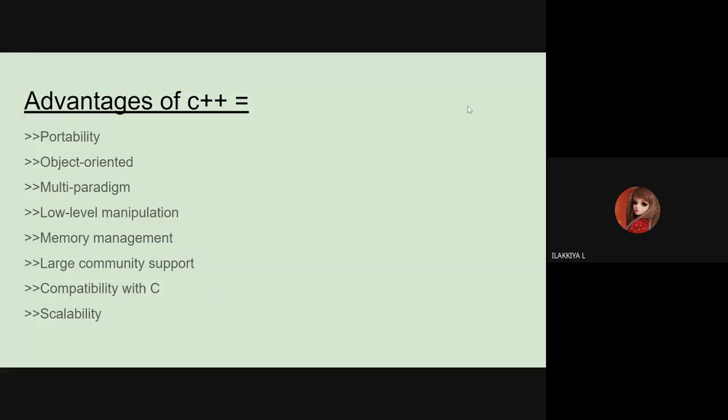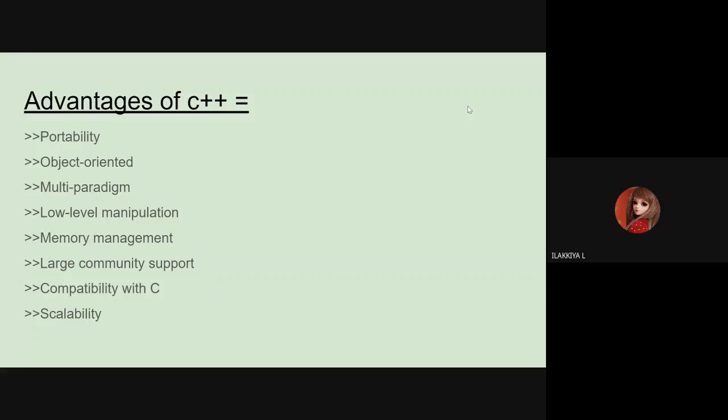You would be able to run the same C++ code that you have written on Linux in Windows as well without any error. This feature proves to be a great convenience for the programmer.